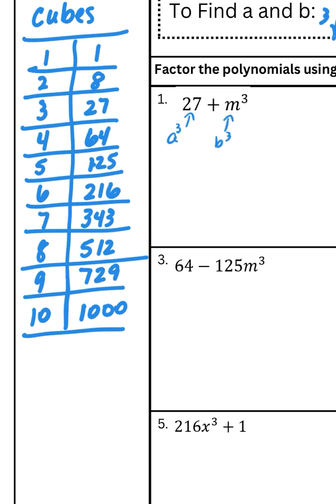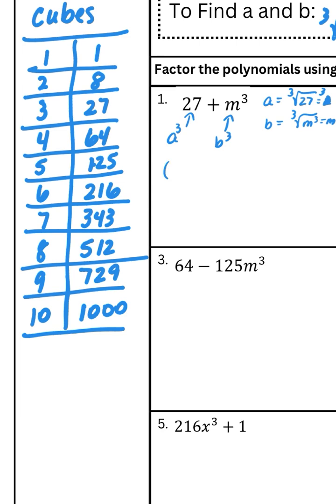So to find A, I have to take the cubed root of 27. Or sorry, it's not 2, it's 3. My bad. I look over on my chart, right? Because 3 cubed is 27. Then B is the cubed root of m to the third, which is just m.